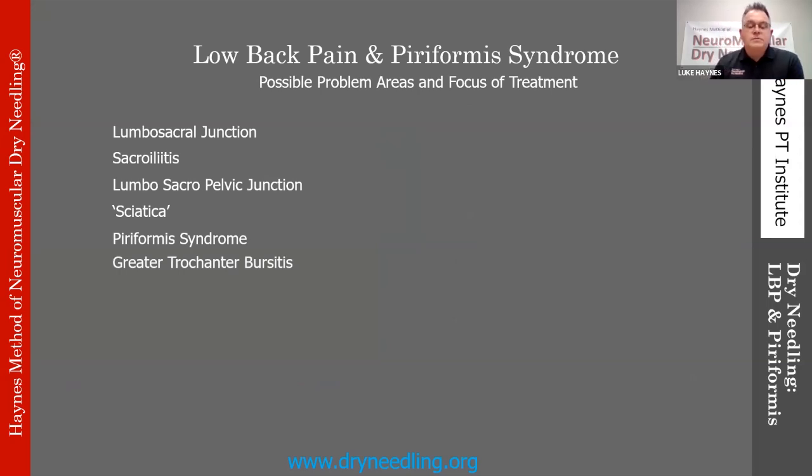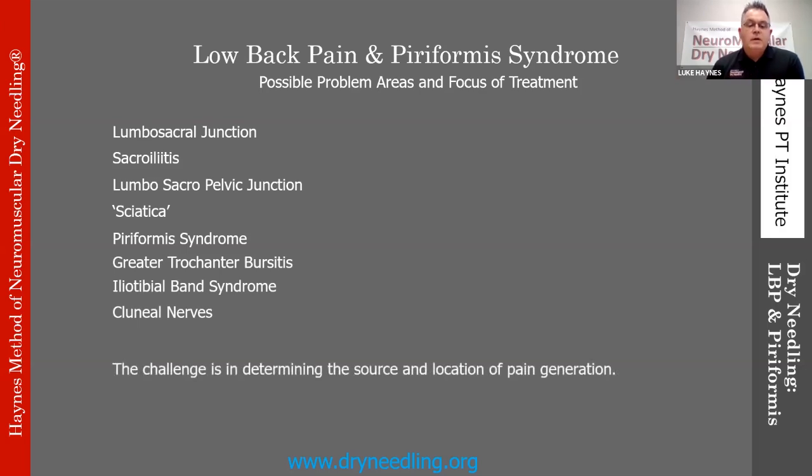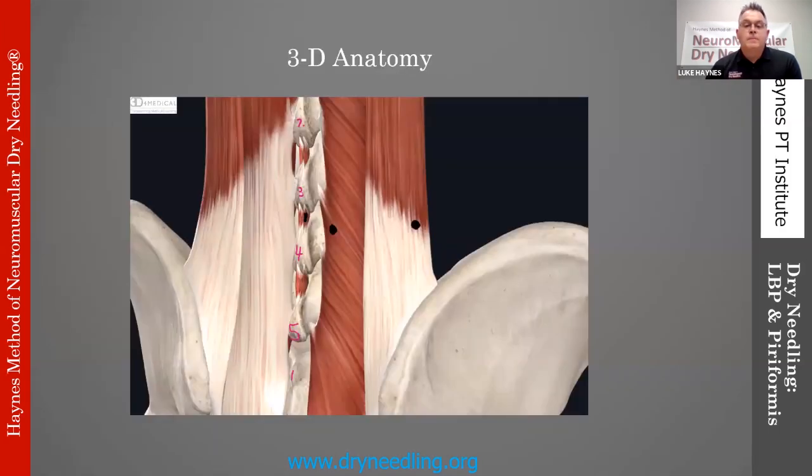Greater trochanteric bursitis, a little bit more laterally, the IT band syndrome, which will be more down the lateral aspect of the femur. Then the cluneal nerves, again, both the superior, medial, and inferior. The challenge here is always determining the source and the location of the pain generation and determining what the proper needle application would be to properly treat that, to decrease that tenderness, that inflammation that's going on.